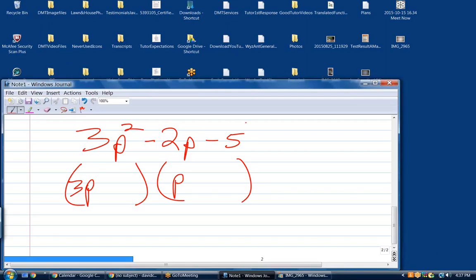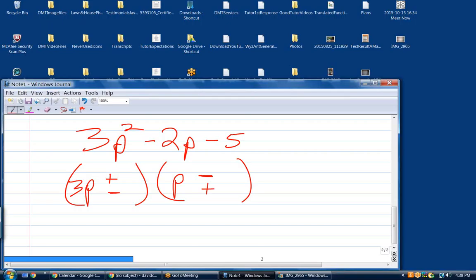But the only way that a minus 5 can be produced is if the signs are opposite. Now, whenever the coefficient on that is different than the coefficient on that, then it means that plus minus is not the same as minus plus. So I have to allow for a minus plus also.